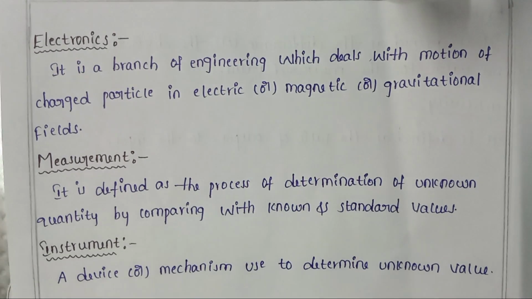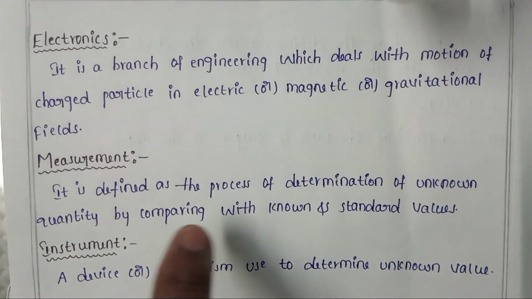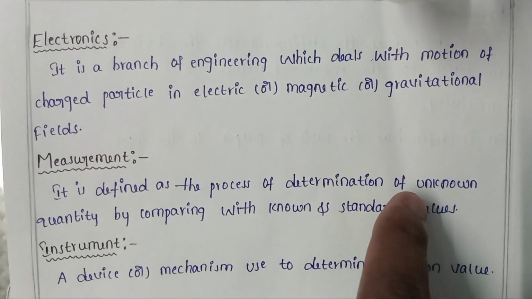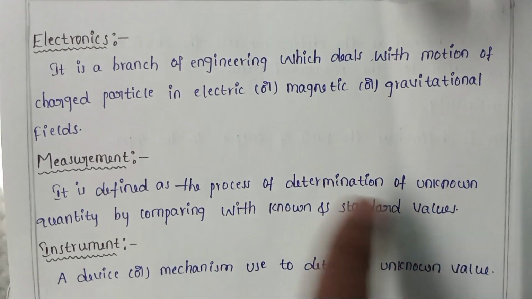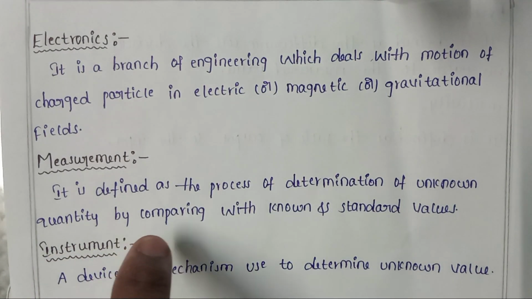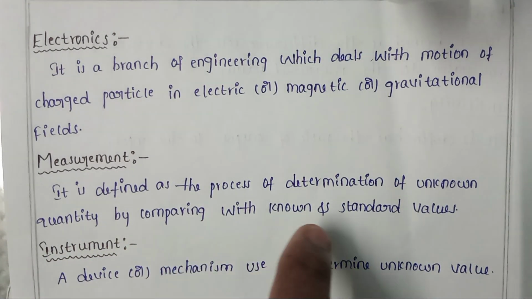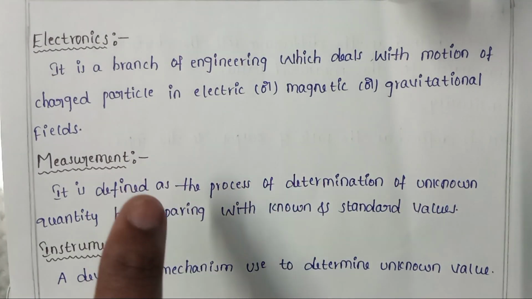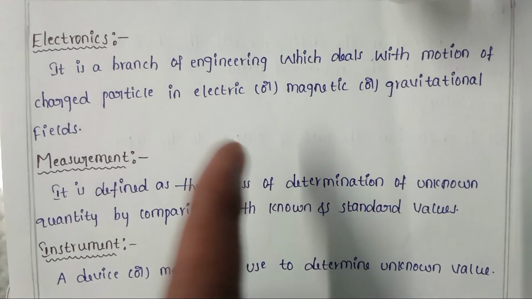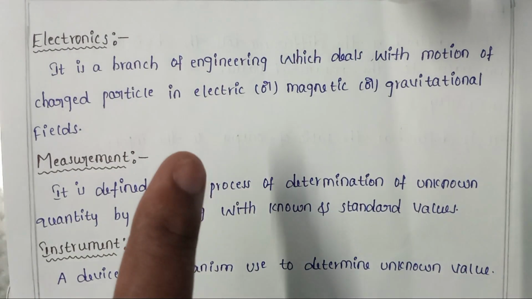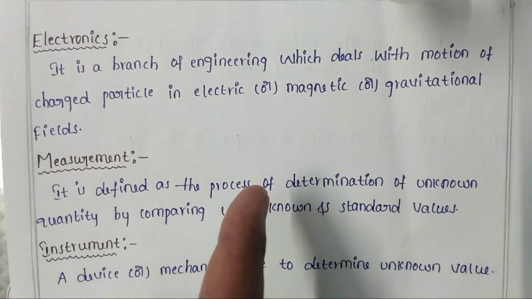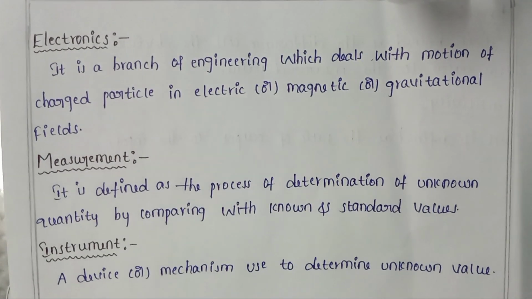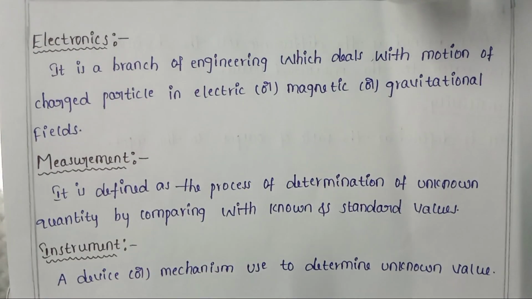In definition terms, it is a process of determination, that means finding, of an unknown quantity by comparing with known and standard values. Here we are comparing the known and unknown values. Both values are compared, and by comparing them we determine the value. That process is called a measurement.